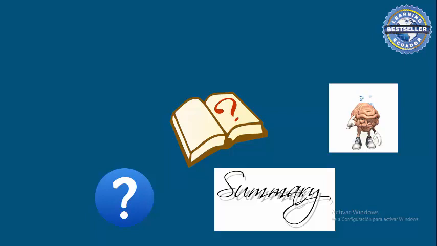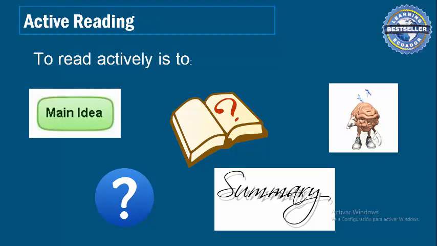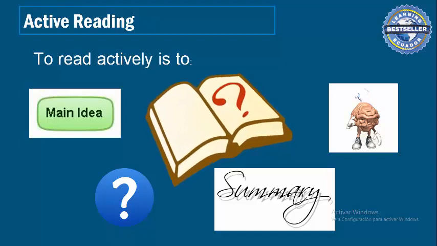And to read actively is to mentally rephrase the main ideas, question the meaning of each sentence, question the author's reasons for using each sentence, summarize the main points, and follow the logical flow of ideas.